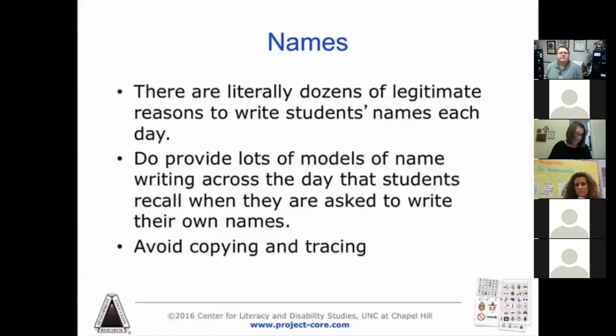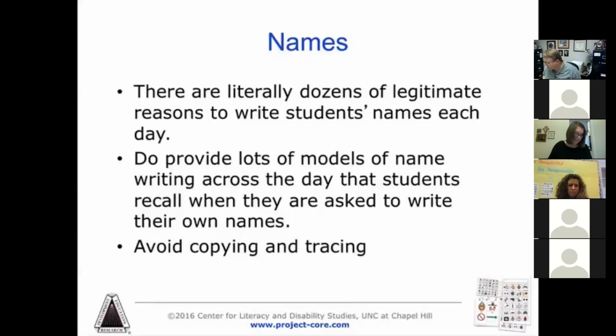It is critical that we take advantage of this natural opportunity to provide multiple meaningful repetitions across the day. Students can sign in each morning, sign up to participate in an activity, sign their name in the column indicating a lunch choice, sign their name on their work, and the list goes on and on.